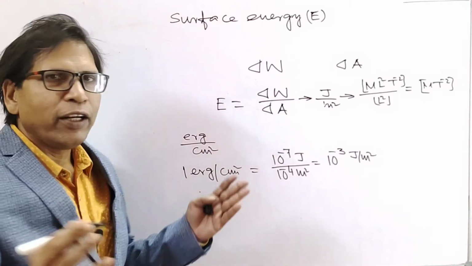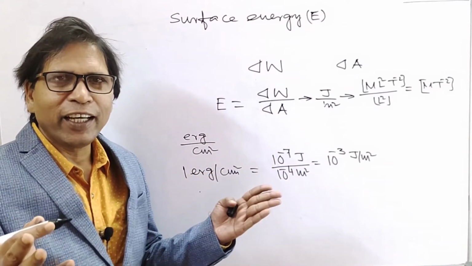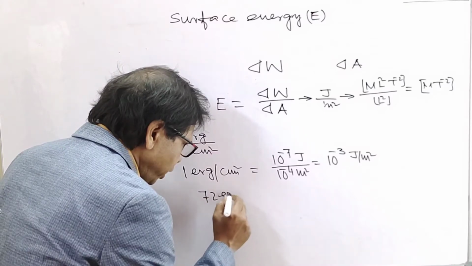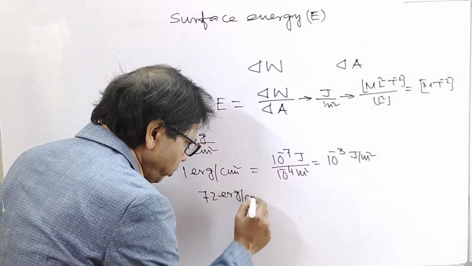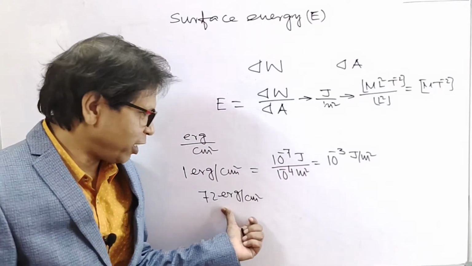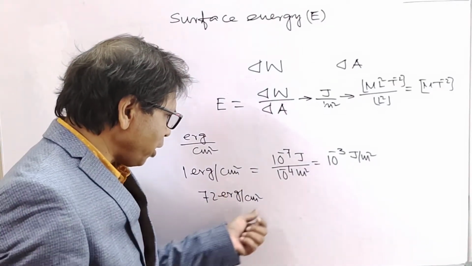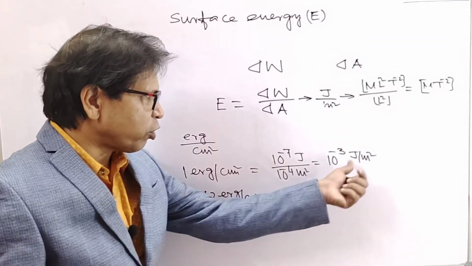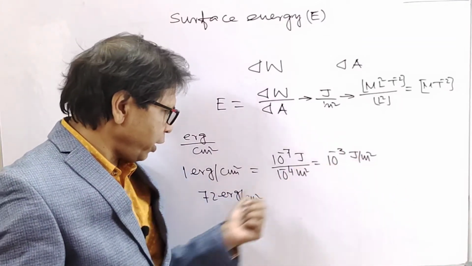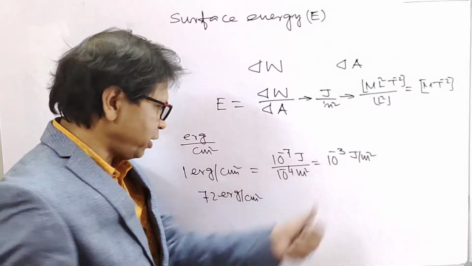Now the surface energy of water is 72 erg per centimeter square. What is its value in the SI system? If erg per centimeter square is converted into joule per meter square, we have to multiply it by 10 to the power minus 3.